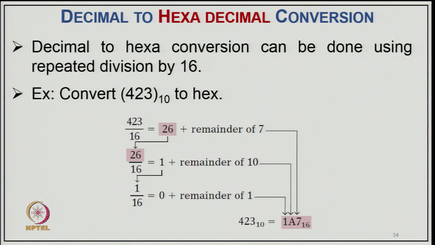So, 1 is the quotient and the remainder is 10. 10 is equivalent in hexadecimal to A, and then we divide this 1 by 16. So, there is no whole number quotient and the remainder is 1. So, this 423 at the base of 10 becomes 1A7 at the base of 16 in hexadecimal. That is the same method as the second method of decimal to binary conversion.